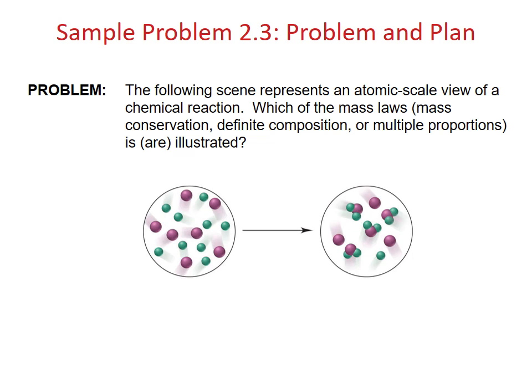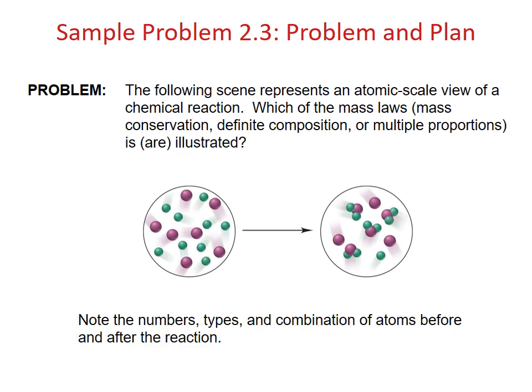Sample problem 2.3. The following scene represents an atomic scale view of a chemical reaction. Which of the mass laws is illustrated? The mass conservation, the definite composition, or multiple proportions? To answer this question, we need to look at the numbers, the types, and the combination of atoms before and after reaction.